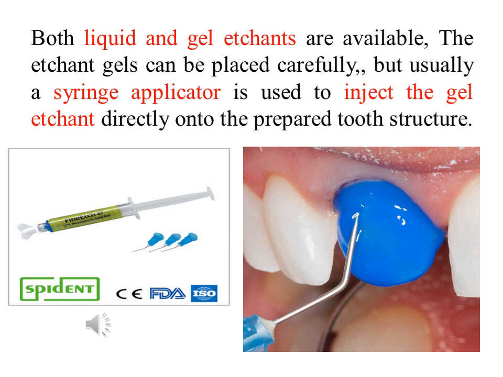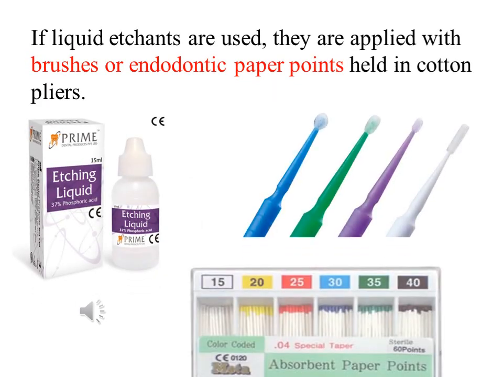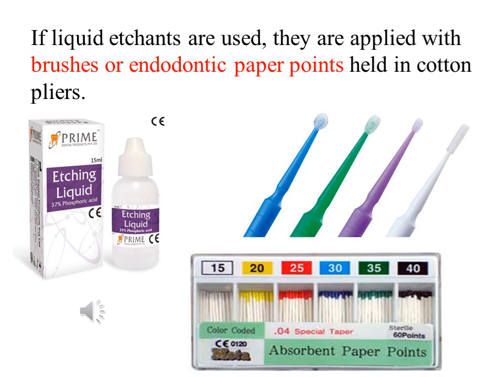The etching gels can be placed carefully, but usually a syringe applicator is used to inject the gel etchant directly onto the prepared tooth structure. If we use a liquid etchant, it is applied with brushes or endodontic paper points held in cotton pliers.